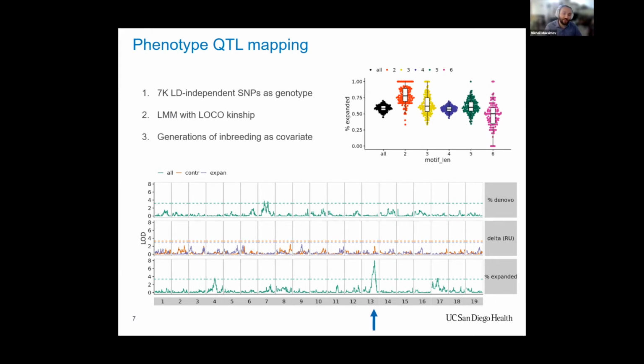And one of the things that we thought could be interesting is if this expansion propensity signal was driven by a specific type of STR, which could be a biological reason for that. So what we did is repeat this QTL analysis, but for different repeat classes separately. And what we saw is that the strongest signal actually comes from the tetranucleotide STRs.